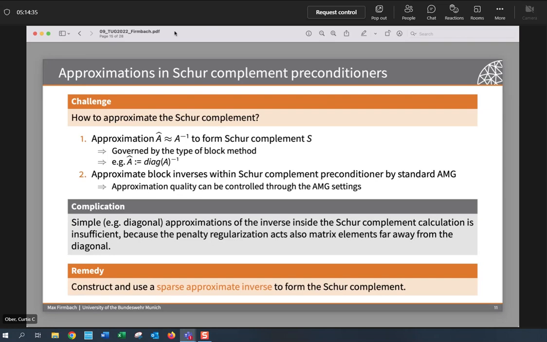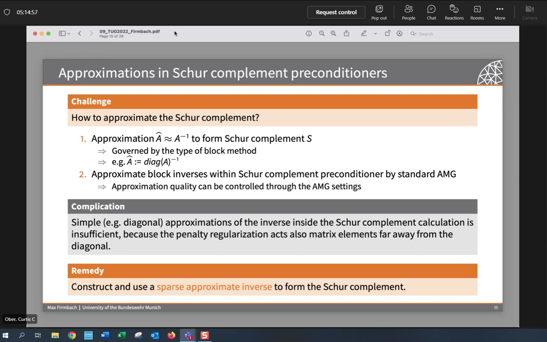you can see that we have several approximations to do. The first question or challenge is, how do we approximate the Schur complement? In the Schur complement equation, you have this A hat that you want to use, which is an easy to invert approximation of A inverse.